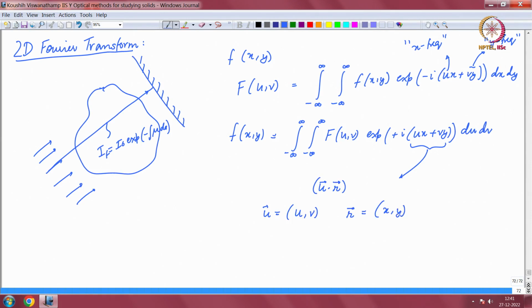So r bar is like a position vector, u bar is like a frequency vector, let us say. Now this e to the power of i u bar dot r bar function will have the same value when u bar dot r bar is constant.